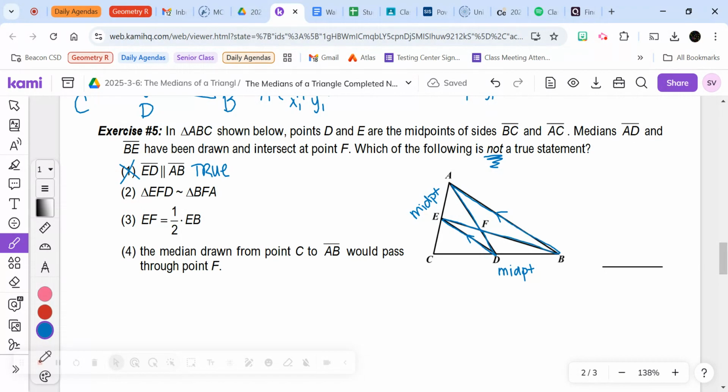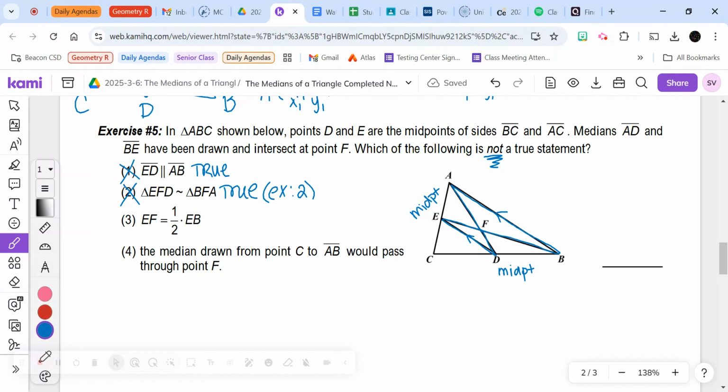That is also true. We figured that out back in exercise 2 when we showed that little informal proof about the two triangles being similar. So that is true from exercise 2.